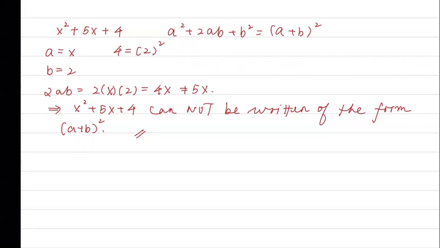If we're given an expression like this, we follow all the steps, and it's possible that we find out that this expression cannot be written of the form (a plus b) squared.